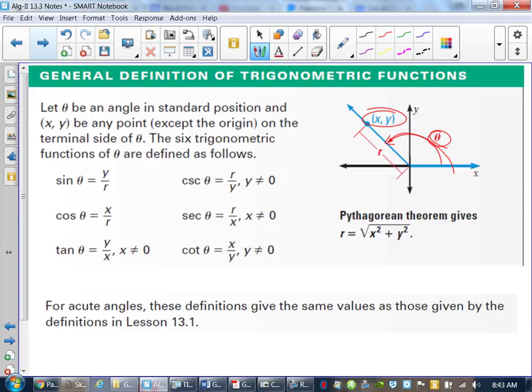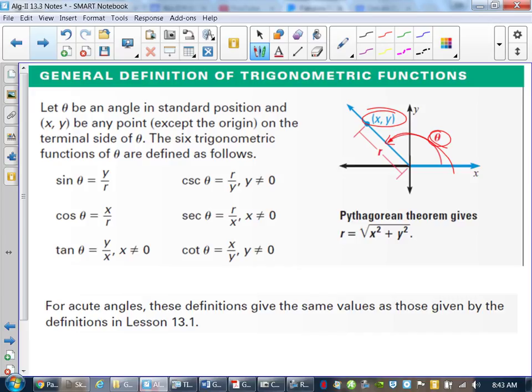And instead of calling it the hypotenuse, we're going to call it a radius. Because as we place this stuff eventually into our circle, what we're going to call the unit circle, the radius doesn't change going around the circle.